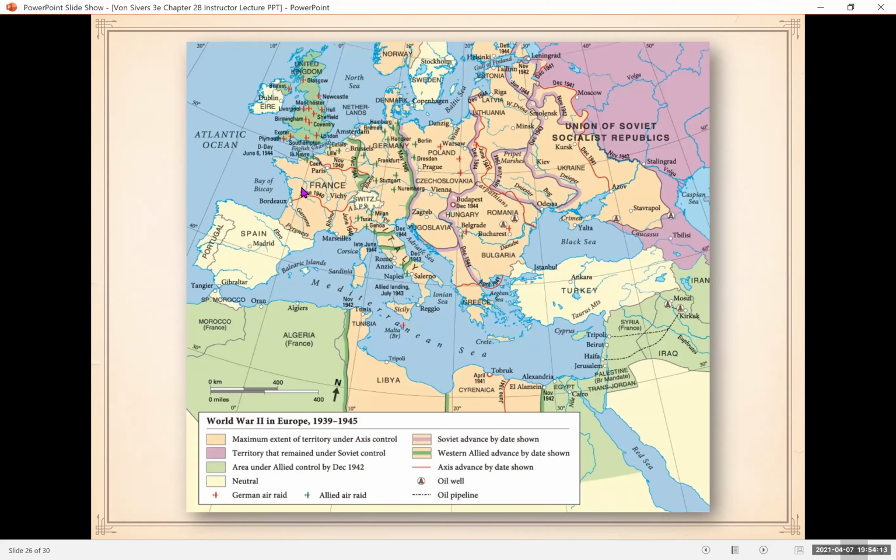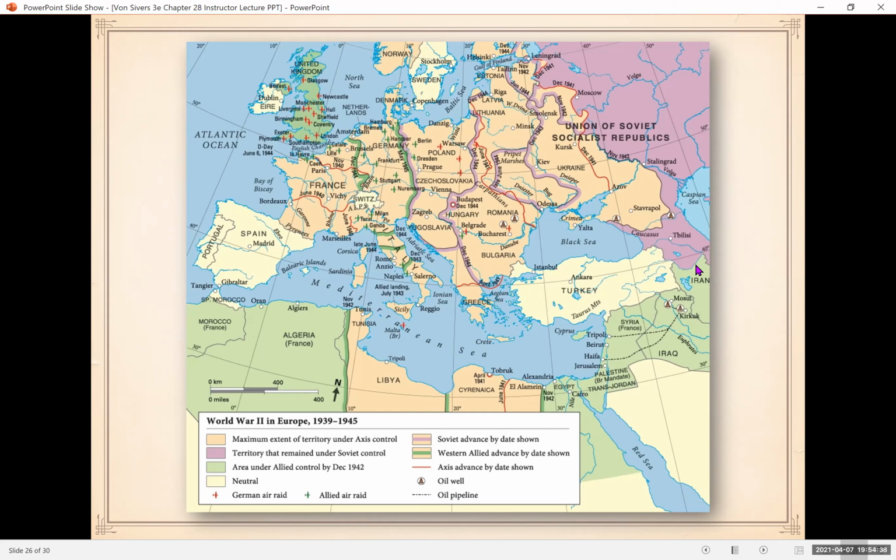So Germany in World War II, at its greatest extent, this is including Italy and Italy's colonies, it's going to be huge. Stalingrad is, of course, right here.